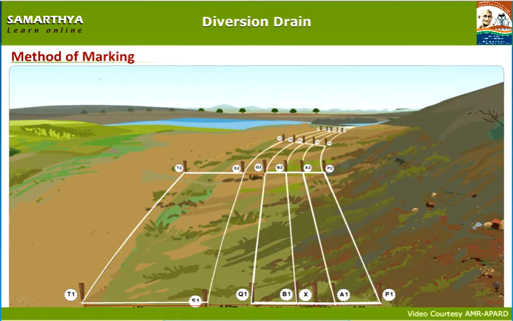The distance between the middle portions of the lime powder lines connecting S1, T1, T2 and S2 indicates the top width of the earthen bund. Repeat the same procedure of marking along the length of the diversion canal till the diversion canal reaches the natural stream. The marking of the earthen bund looks as shown on the screen.